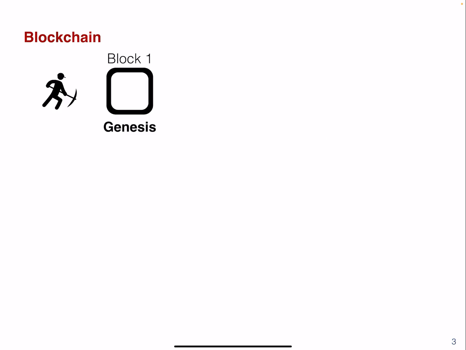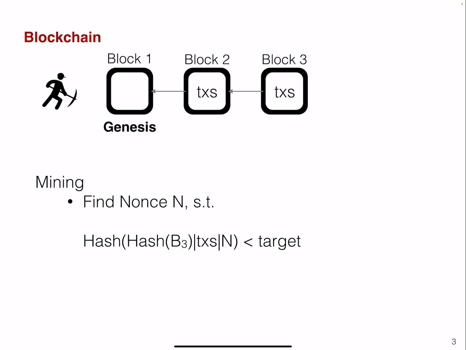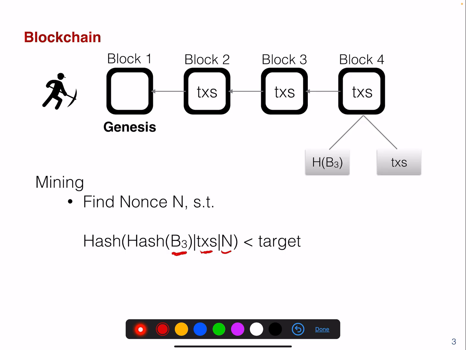Now let's look further into how this looks on the blockchain level. Here we have block 2 that has a list of transactions and it's pointing towards the Genesis block. We have block 3, and now if you want to find a new block, block 4, then we have to find a nonce n such that the hash of block 3 and its transactions and the nonce, the whole hash of this, has to be smaller than a given target value.